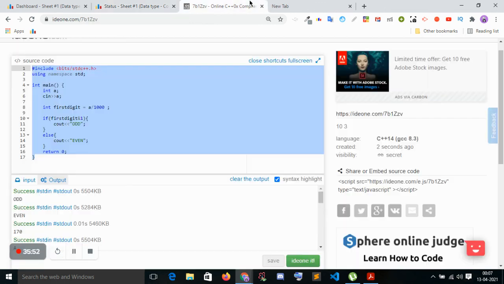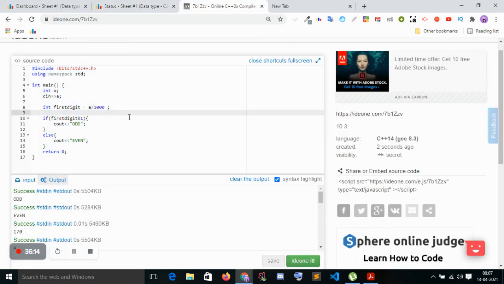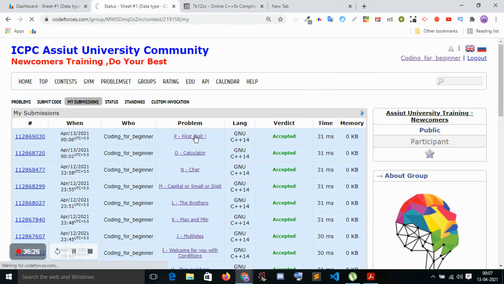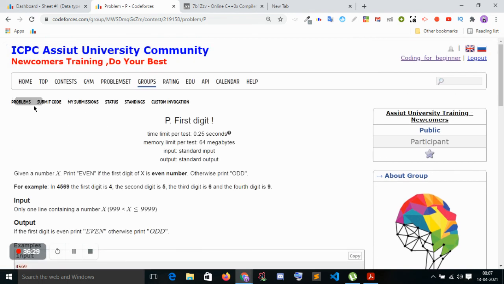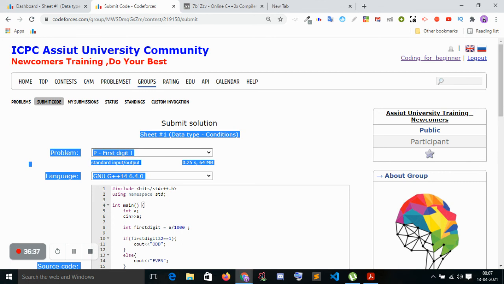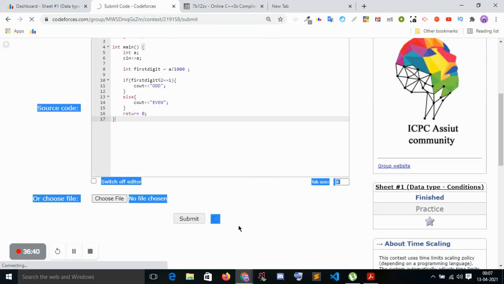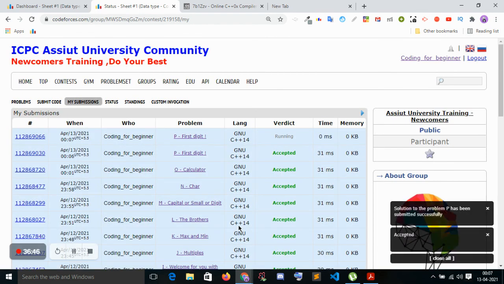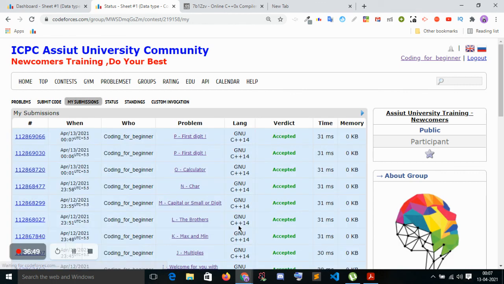Here we can do modulus 2 if you want, modulus 2 equal to 1, and again it will give the right answer. It's also acceptable, so don't worry about that.